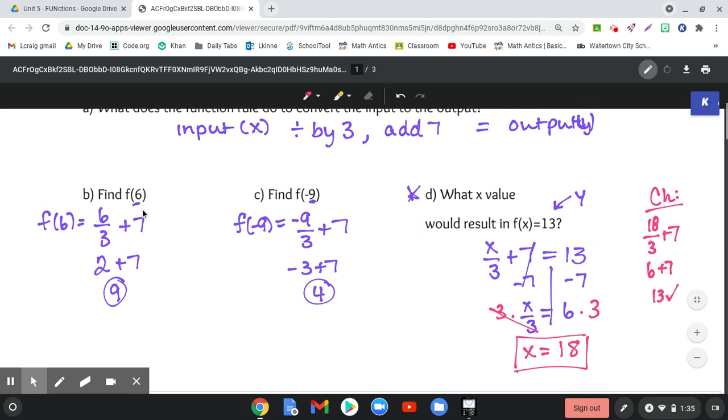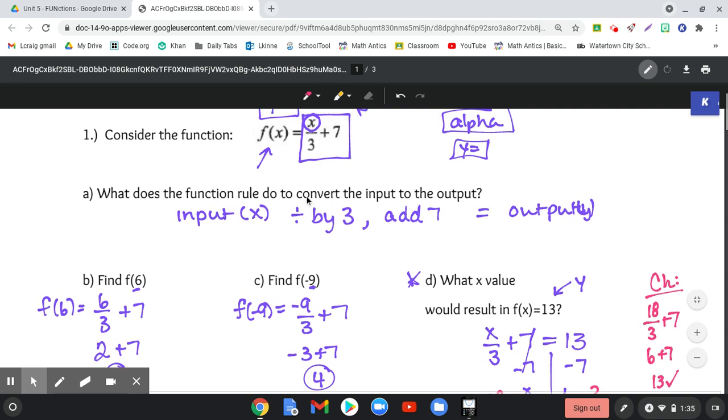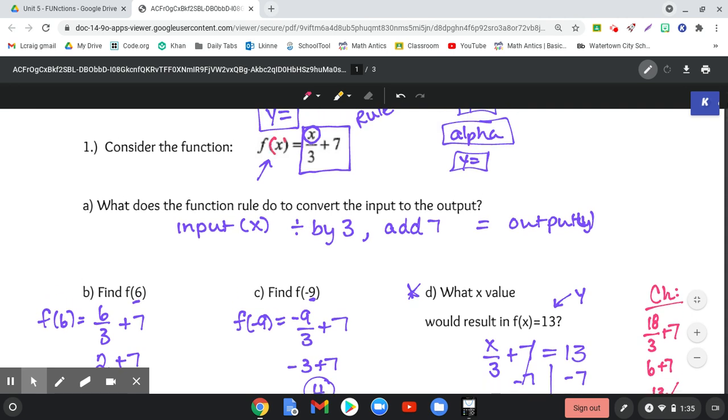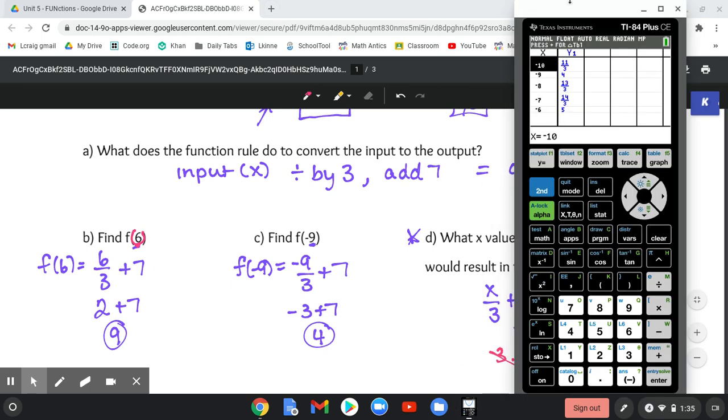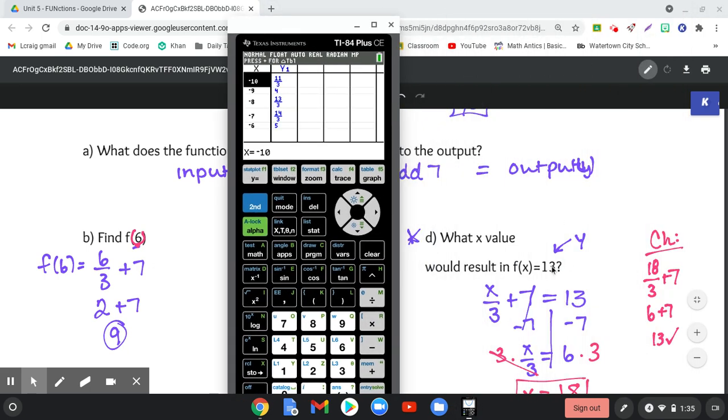All right, most of the time it's going to give you the number in parentheses. And if you notice, x is inside the parentheses, and these are inside the parentheses. So those are your x. This was outside the parentheses, so it was your y. But again, if I go back to my calculator, we were looking for 13 in the y column. So if I scroll down, you're seeing some fractions there, and that's okay.